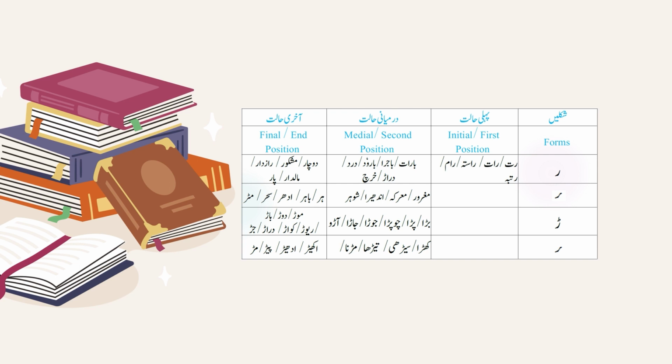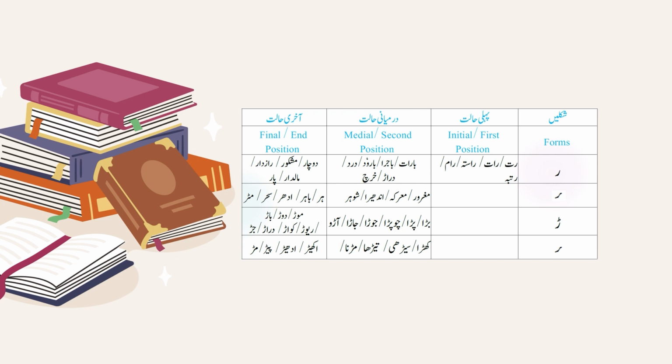So we have here the full form of Ray, and in the initial or first position, this is how it works. Ra in full form and Ta in full form. Why is Ra in full form? Yes, very good, because it is used in the initial position. When it is used in the initial position, it will not turn into short form.